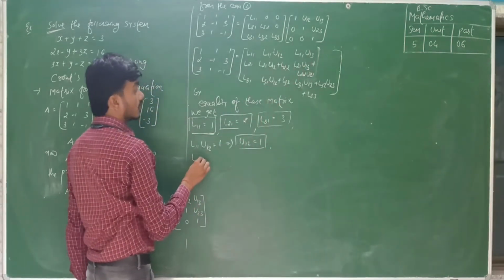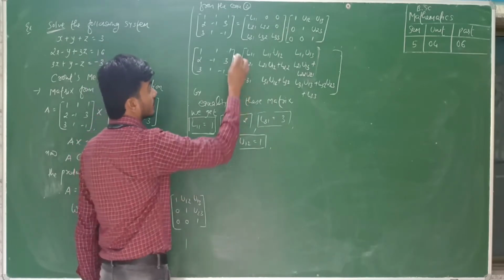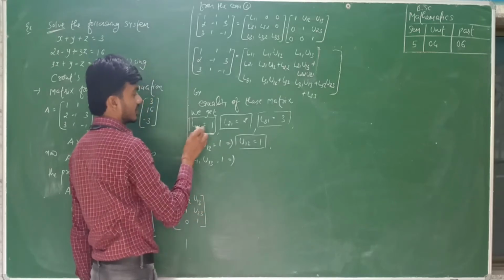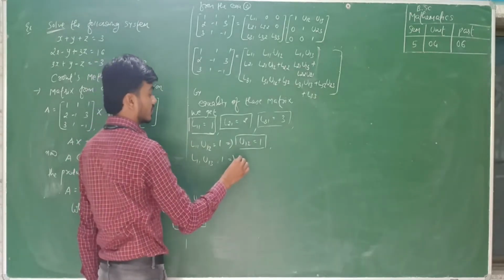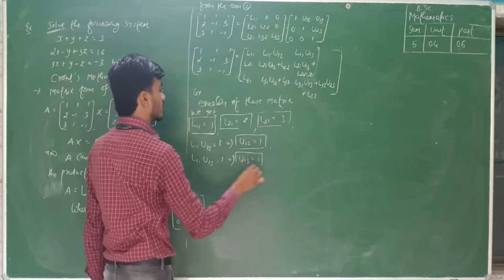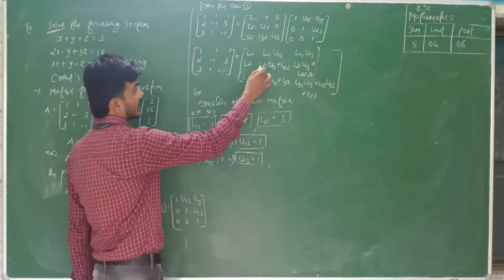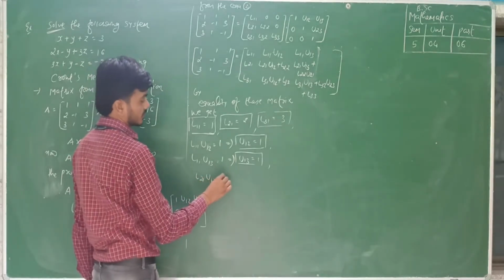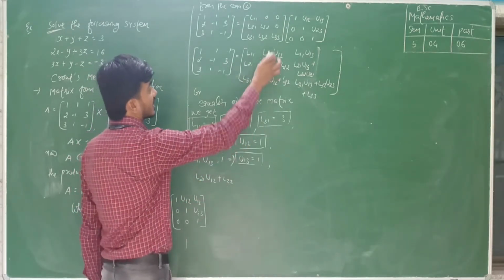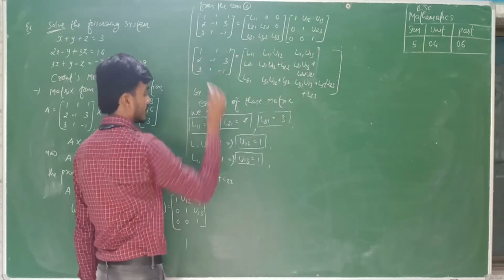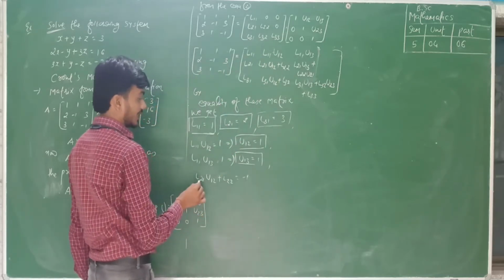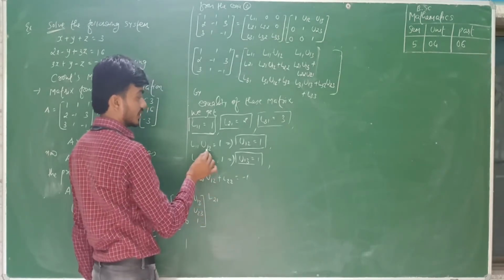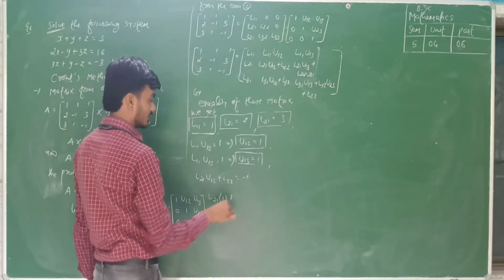L11 into U13, first row and third column, that is 1. L11 is equal to 1, put this value here, so U13 is equal to 1. L21 into U12 plus L22, second row and second column, is equal to minus 1.